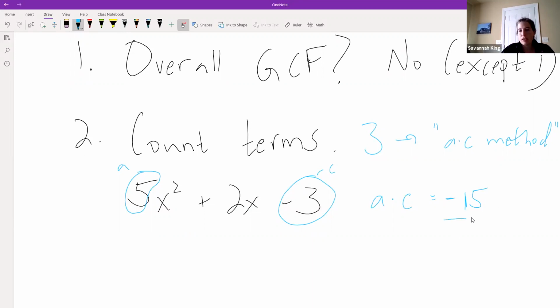Okay, now with -15, we have to think about all the ways that we could multiply two numbers and get a -15. So we could have 1 and -15, or we could also have the 1 being negative and the 15 being positive.